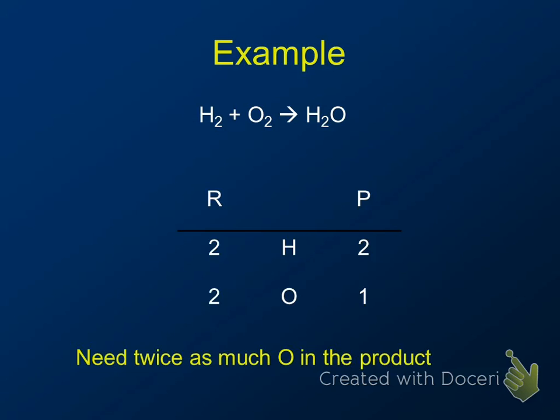So if you'll copy this for me, you'll notice I have already counted my atoms on both sides. On my reactant side, I have how many hydrogen? I can't hear you. 2, good. On my reactant side, I have how many oxygen? 2.